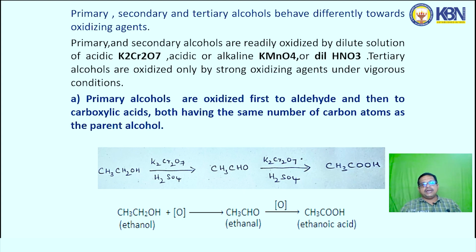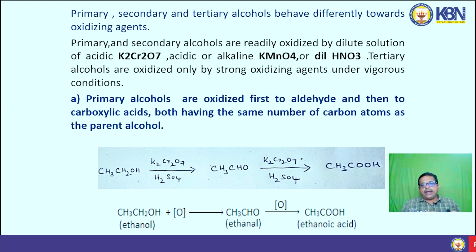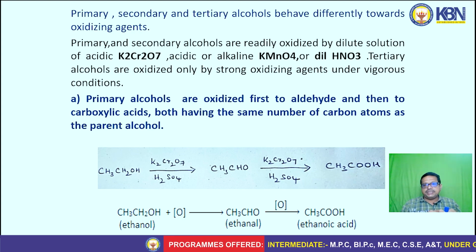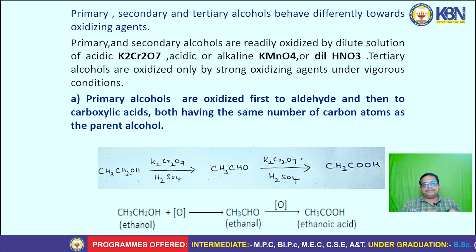Primary and secondary alcohols are oxidized by dilute solutions of acidic potassium dichromate, acidic or alkaline potassium permanganate, or dilute nitric acid. Tertiary alcohols are oxidized only by strong oxidizing agents under vigorous conditions.